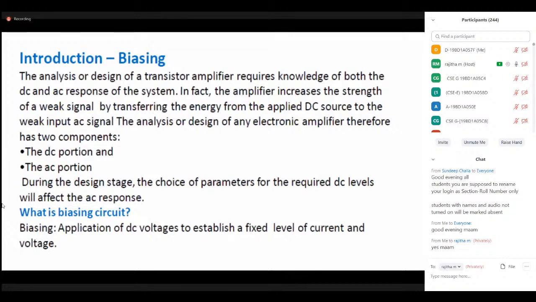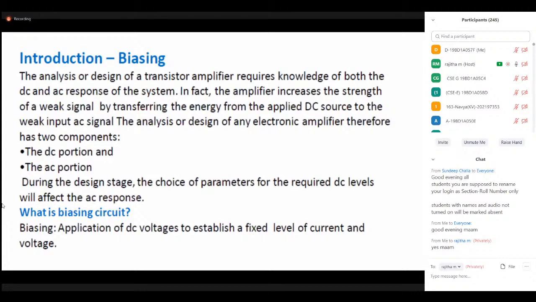Now, for the analysis and design of any transistor amplifier, we have to have knowledge of both the AC response as well as the DC response. The DC response of a transistor we have concluded in the configurations.